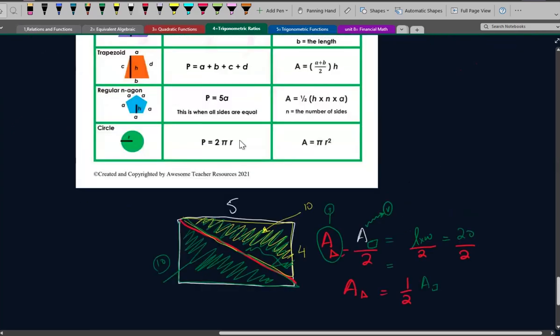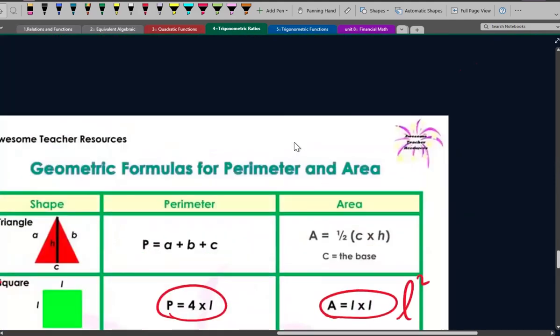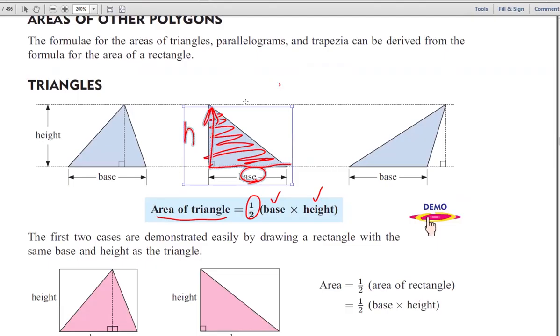And that's how the formula was developed here. That's not a good example. Let's go through the book. Like the base and the height, you can name it differently.